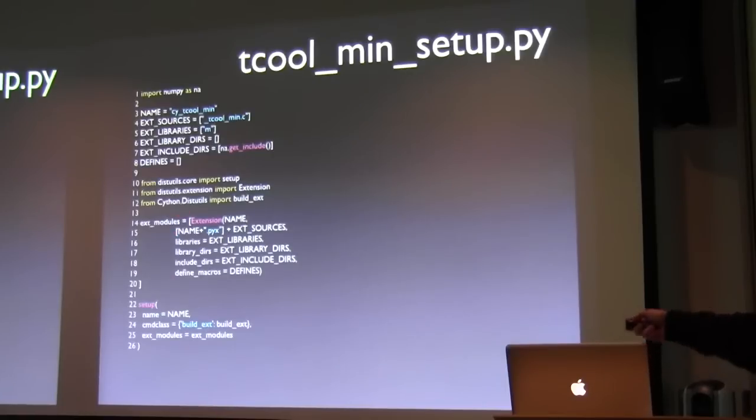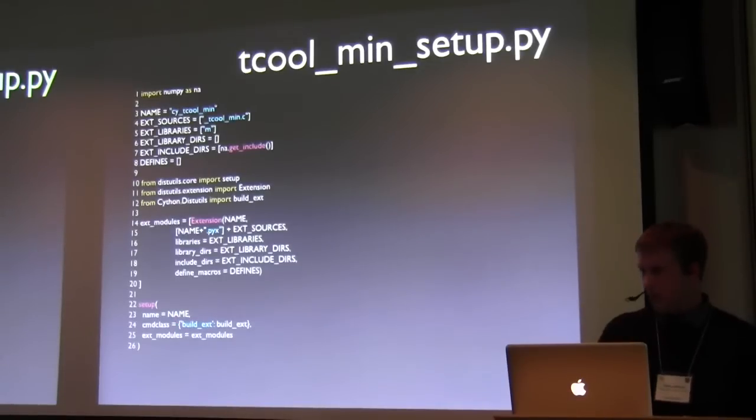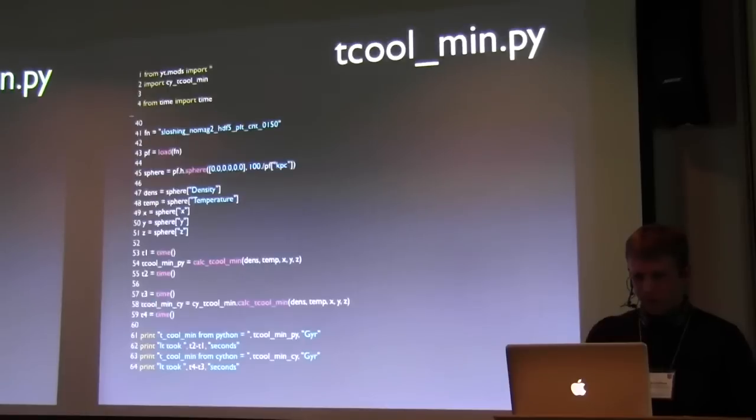And then basically, what we do is create this list here and this function. What it's going to do is when you run this script, it'll put all this information together, call setup, and build your shared object file. There's documentation on the yt page that I'm going to mention in a moment that goes into detail about what all this stuff is. But for now, it'll be sufficient to run it, and we'll do that in a minute.